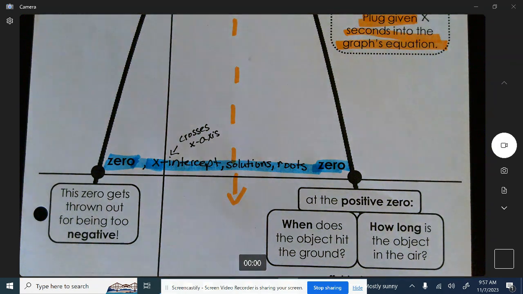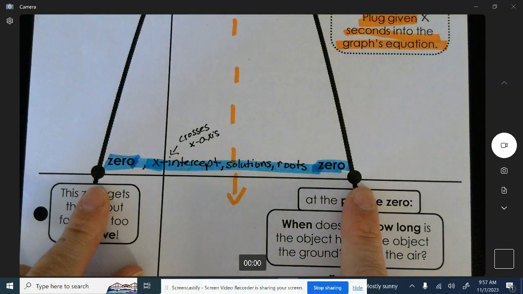If you are asked for zeros, roots, solutions, or x-intercepts, all of those words mean the same thing. You're looking for where it crosses the x-axis.